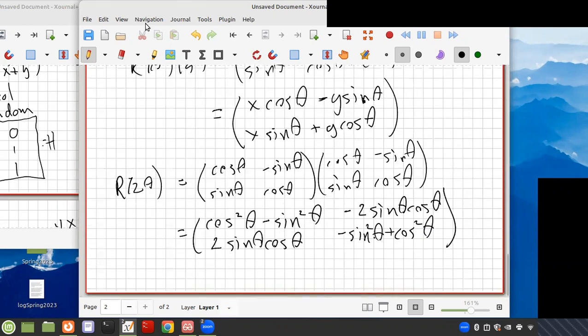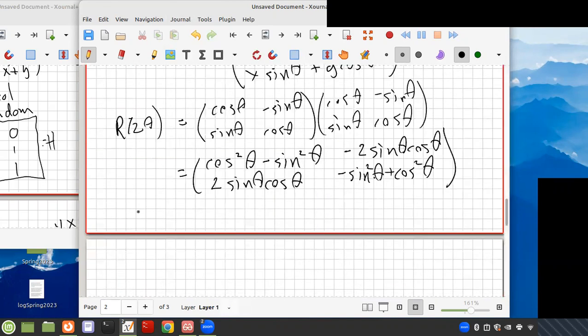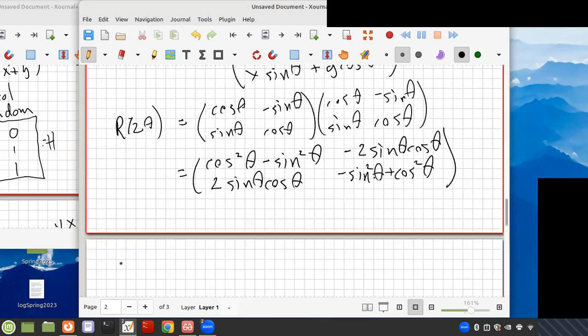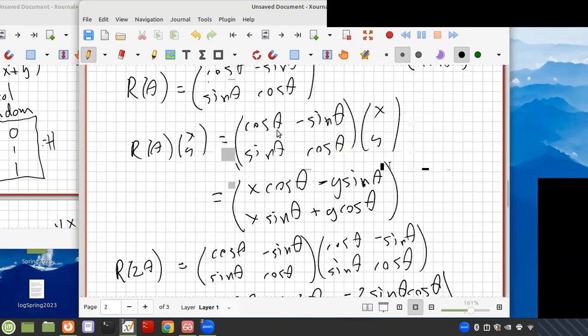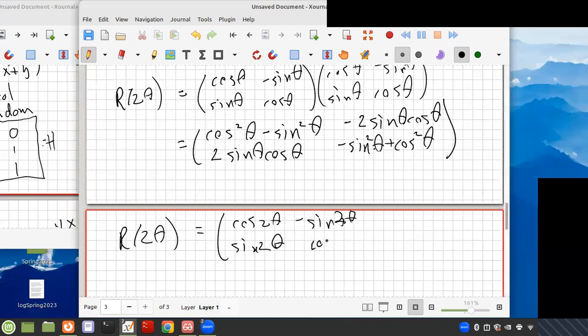Now, it turns out that you can do something nice here and say this matrix applies for any angle theta. So we can also say that R of 2 theta equals, just take this and put in 2, the cosine of 2 theta, sine of 2 theta, minus sine of 2 theta.